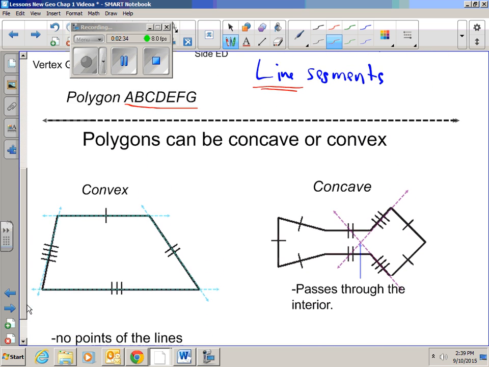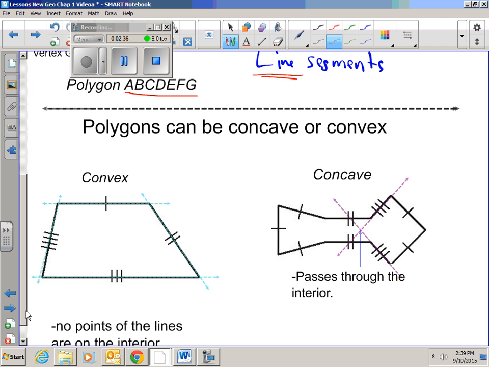Polygons can be convex or they can be concave. A convex polygon means that all of the interior angles are going to be less than 180. A concave polygon means some of the interior angles, at least one, will be reflexive.